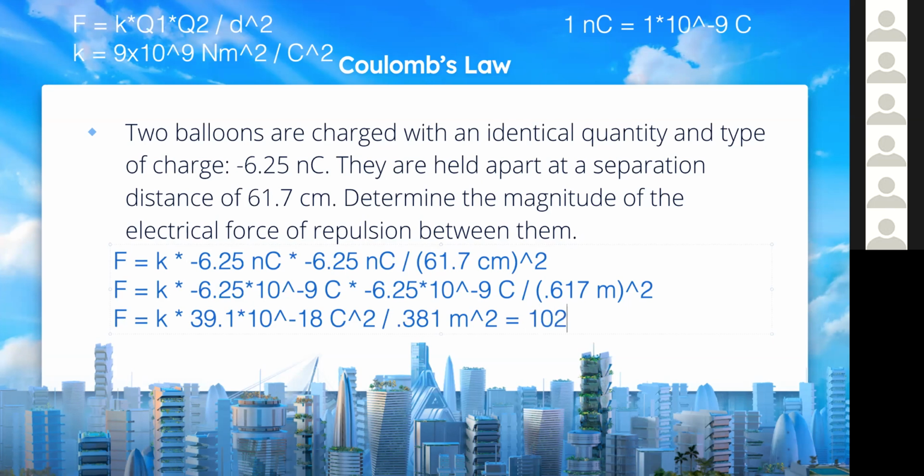I get 102 times 10 to the negative 18th coulombs squared over meters squared. And of course, we can't forget that K in there.